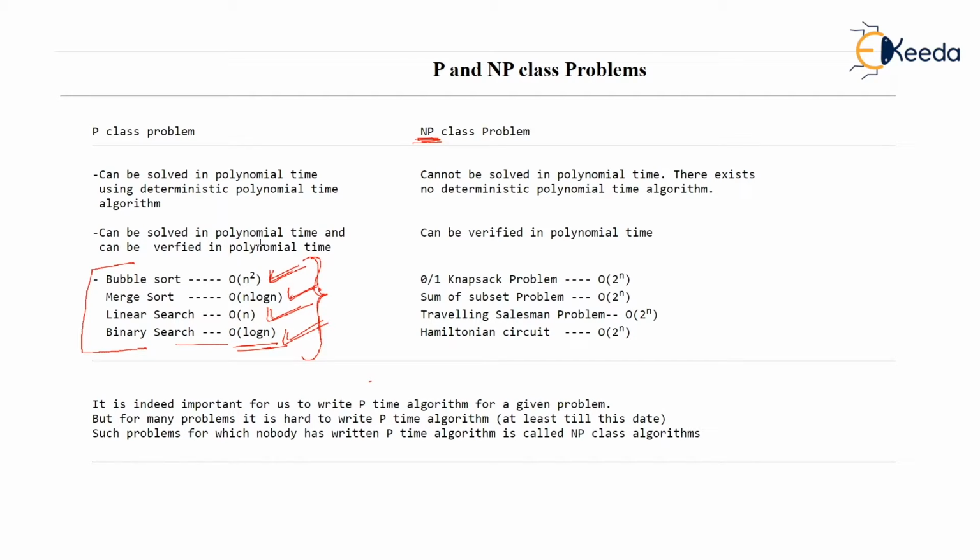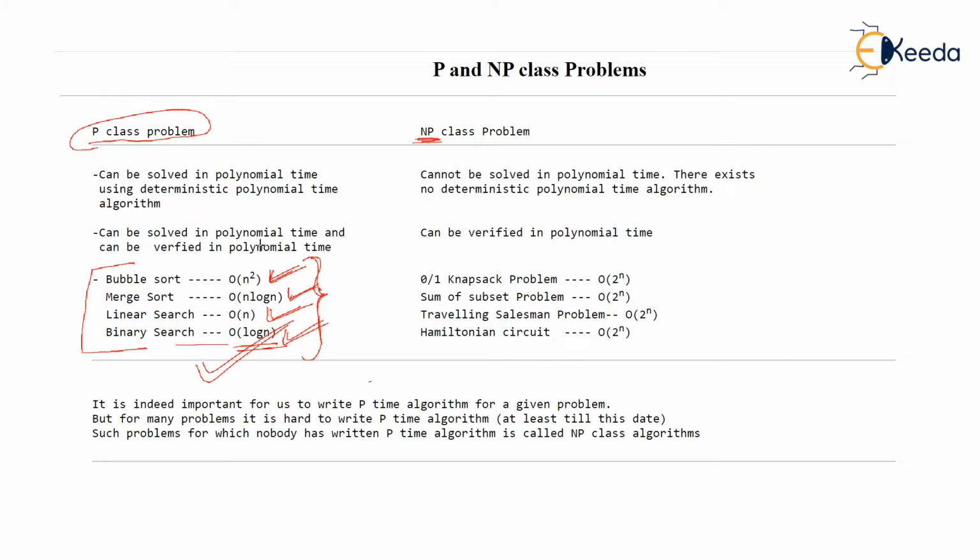It might give the answer on some machine in 1 hour, whereas on some other machine it might give the answer in 1 second because some machine might be fast and some might be slow. But definitely we are guaranteed to get an answer in some bounded time. Such problems are known as P time problems, polynomial time problems, or we can say P class problems.